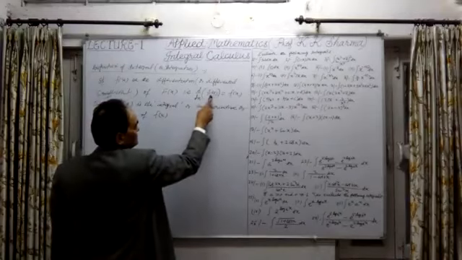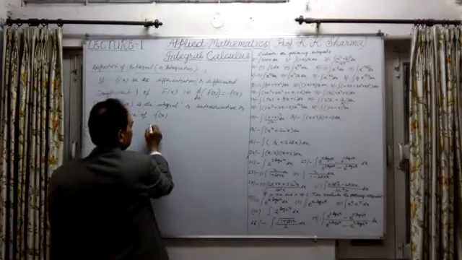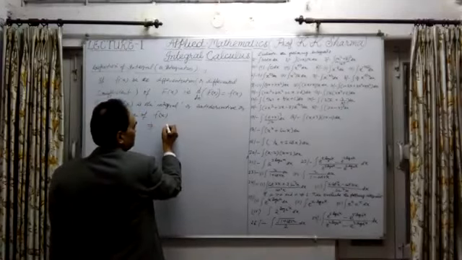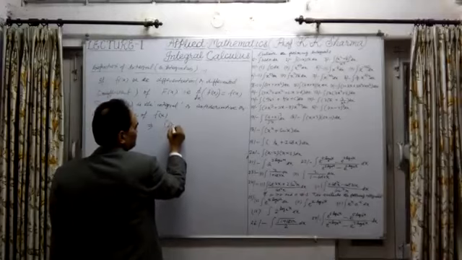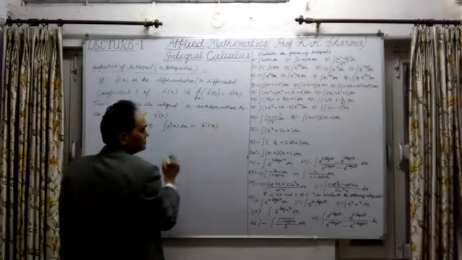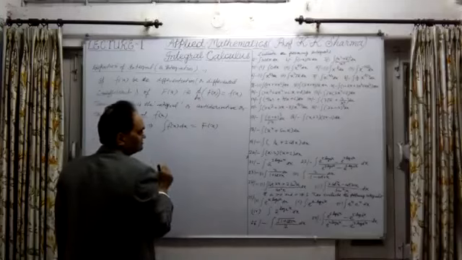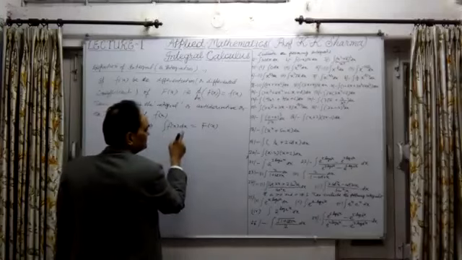This implies that if I find the integral of f(x) dx, it is equal to F(x). So here F(x) is the integral, primitive or antiderivative of this function f(x). This is how we represent it.